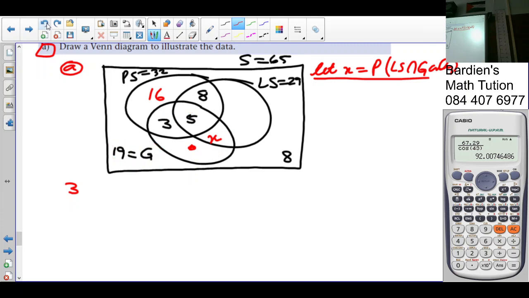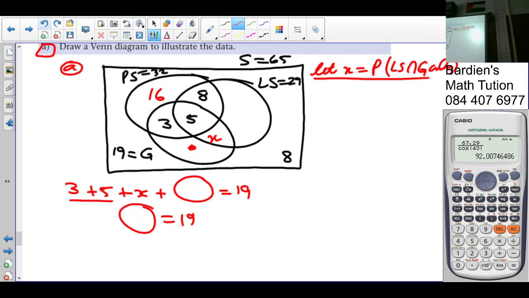So I say 3 plus 5 plus x plus, let's call that the unknown, the big O, equals 19. So to get that on its own, it's going to be 19 minus 8 minus x, which is 11 minus x. You all agree with that?